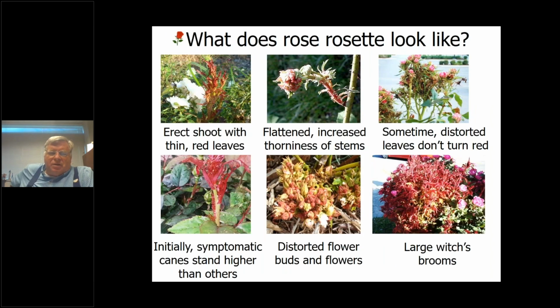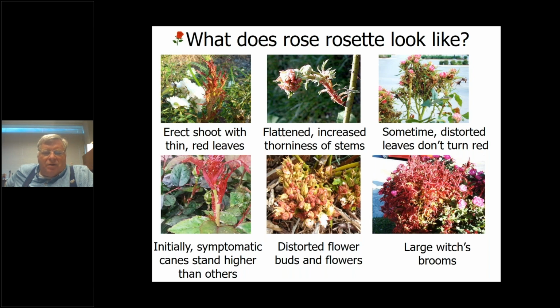Now, one of the questions that's on the test is, what does rose rosette look like? This is caused by rose rosette virus. It is spread by a microscopic mite that's not related to spider mites at all. It's an eriophyid mite. Often the shoots are erect. They may stand above the other foliage.